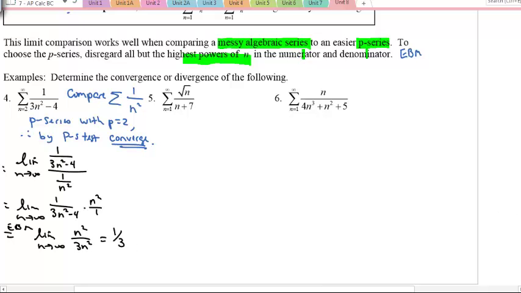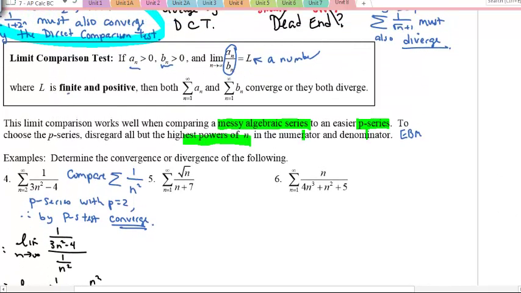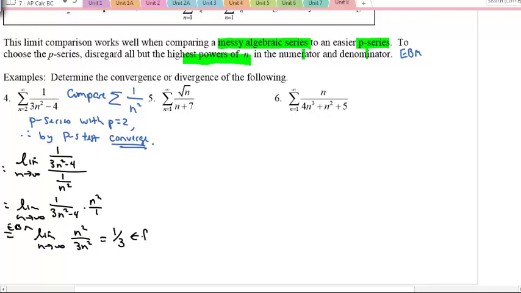Notice this is a value of L, right? A number that is finite and positive. So because I know that, since b sub n converged, therefore I'll say the following. So once again, I'll be wordy here.